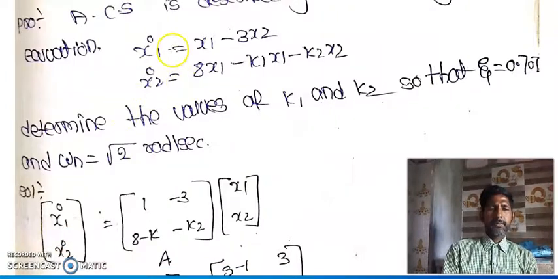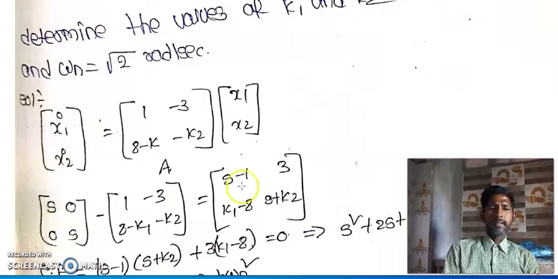Represent these state equations in the form of matrices: [x1 dot; x2 dot] equal to [1, minus 3; 8 minus k1, minus k2] [x1; x2].